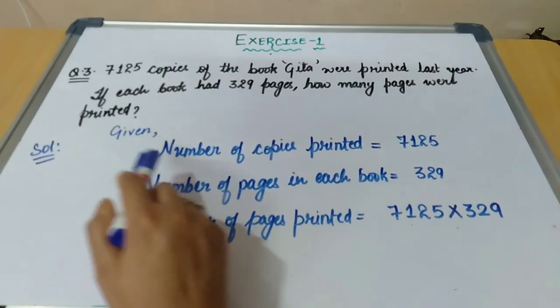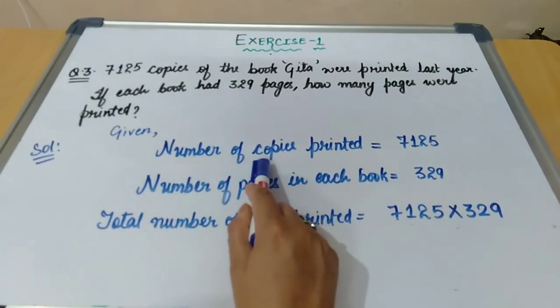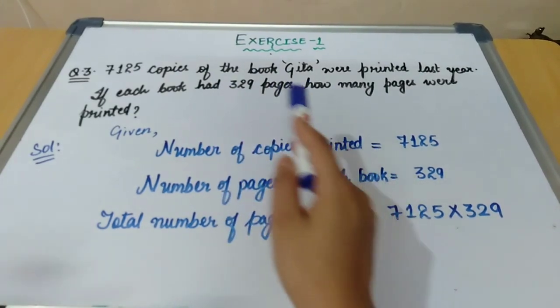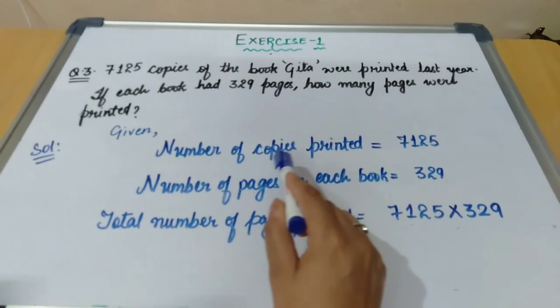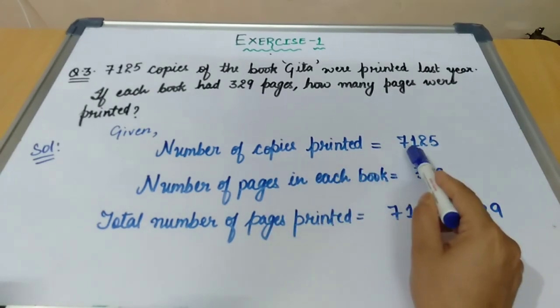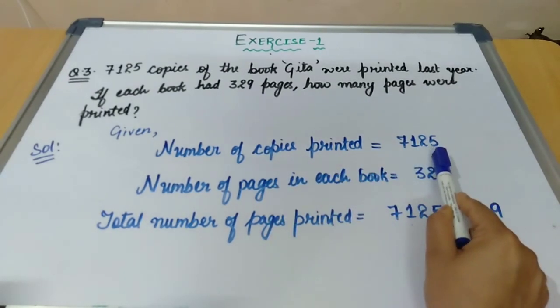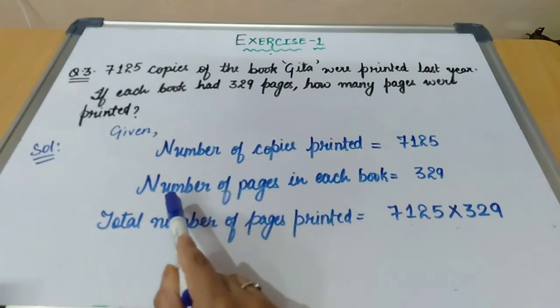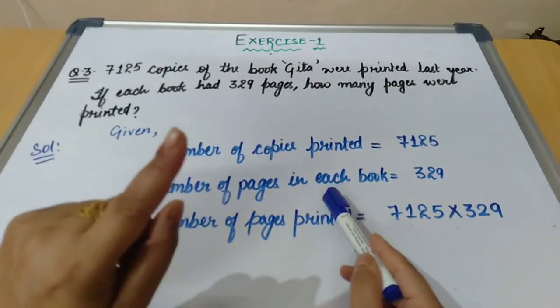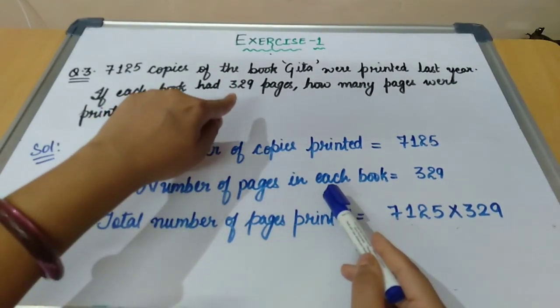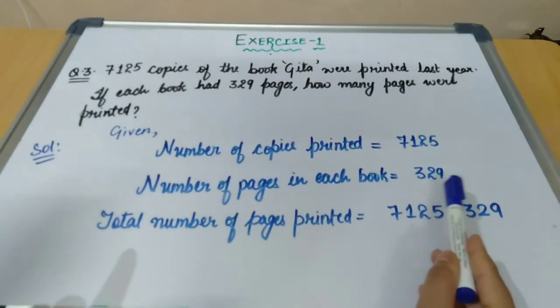Now, number of copies of the book Gita printed. Don't write such a big sentence, summarize it. Number of copies printed equals 7,125. Now you will write number of pages in each book. In one book there were 329 pages, so you will write 329.